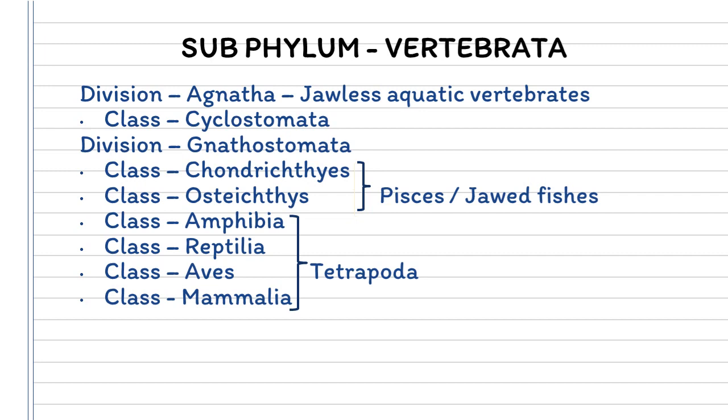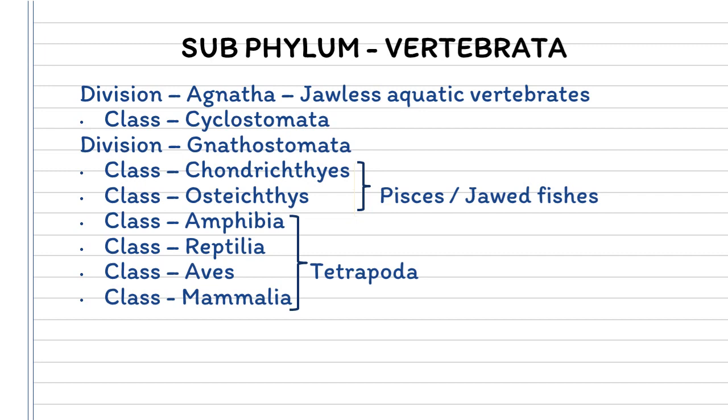You may have a doubt whether the class Aves has 4 limbs. Of course it has 4 limbs: the forelimbs are converted into wings, and the hind limbs are used for locomotion or walking. So this is the classification of subphylum Vertebrata.